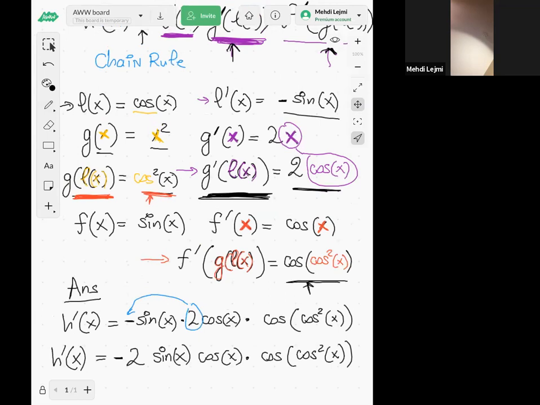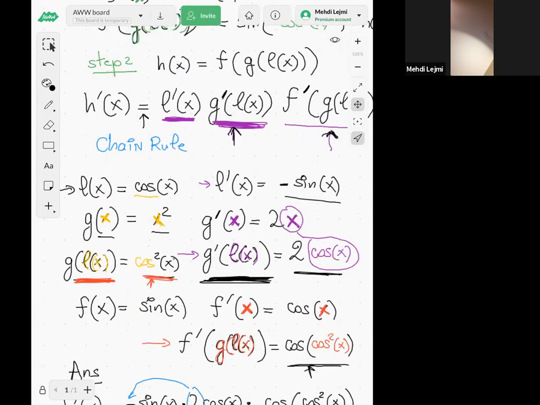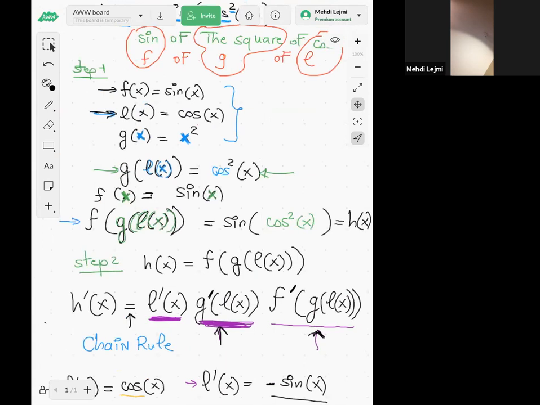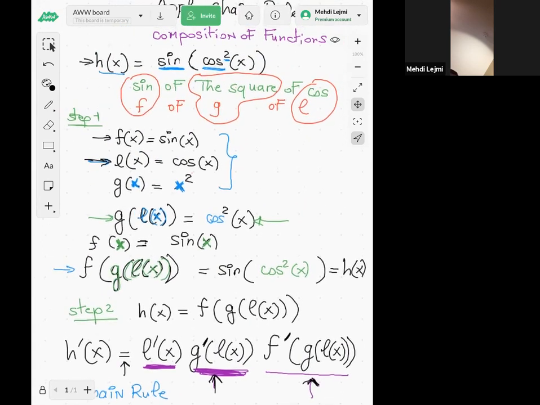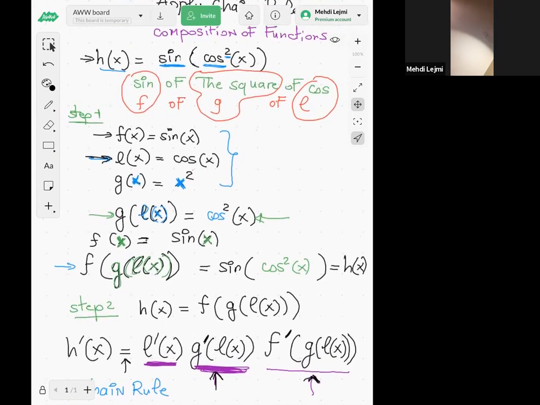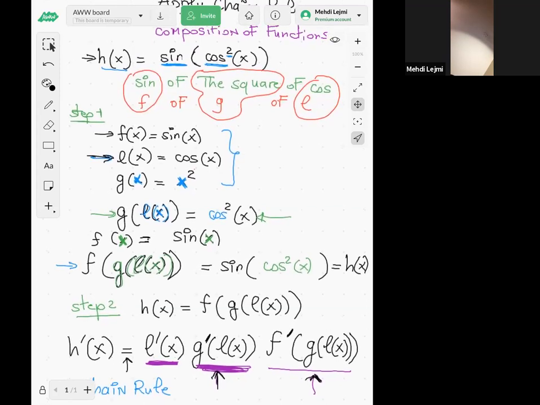So this problem is about applying the chain rule for the composition of 3 functions. Remember, guys, I think the hardest part here is to find the f, g, and l. When you have a composition of functions, it's going to be of the form f of g of l, right?